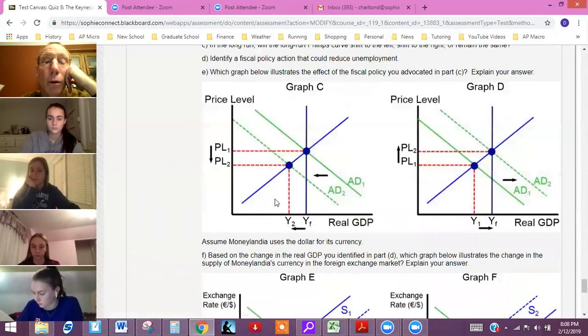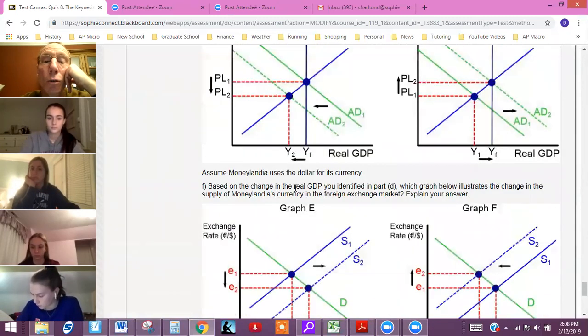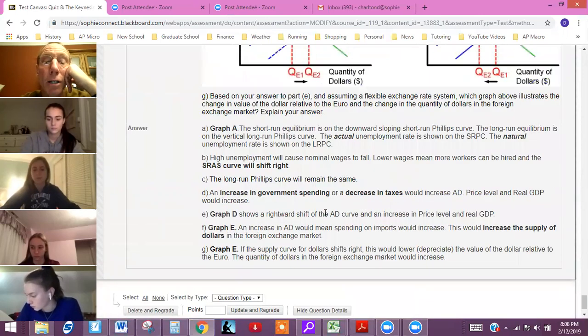Where is F? Here we go. Based on the change in the real GDP, which graph below illustrates the change in the money supply in the currency market? If you have an increase in aggregate demand, that means consumers can buy more imports.